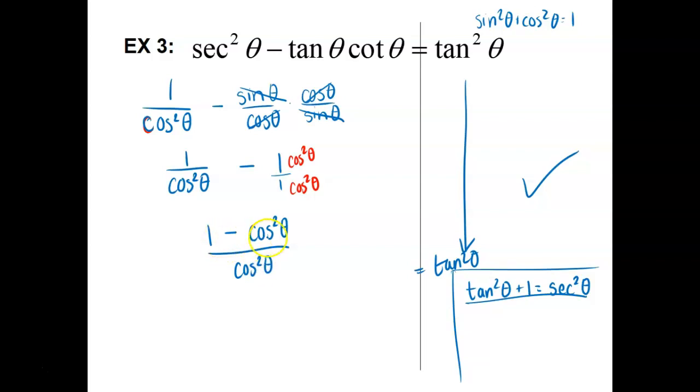Okay, what does 1 minus cosine squared theta equal? That is sine squared theta over cosine squared theta. And what is sine over cosine? It is tangent, so that equals tangent squared theta. So there's another way that you could do it.